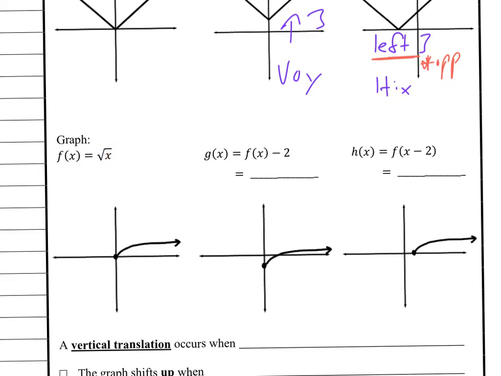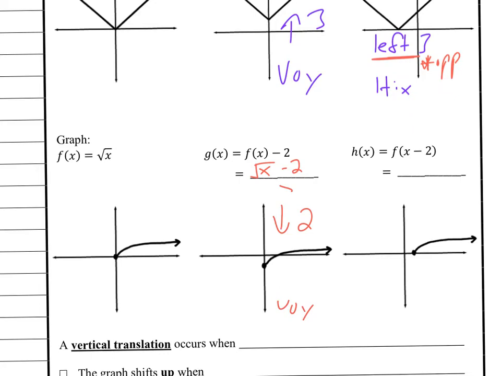We're not going to stick it underneath the radical, so it's going to be the square root of x and then minus 2. Notice it's outside parentheses. We've said that a few times now. So if it's outside, it's going to be void. So we're going to be using void here. So it's a vertical movement, and it affects the y's. So what do you think happened? Well, everything went down 2. Everything shifted down 2. Okay.